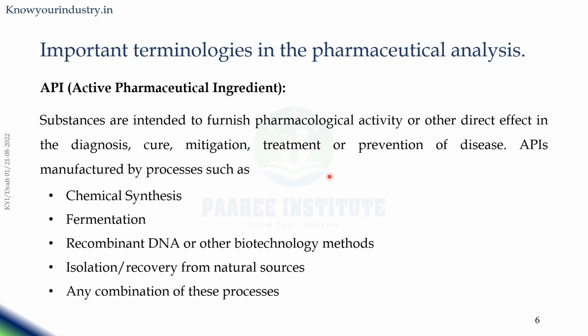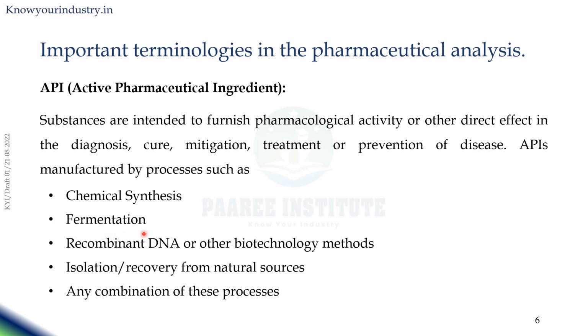These active pharmaceutical ingredients can be manufactured or synthesized by different processes including chemical synthesis, fermentation process, recombinant DNA or other biotechnology methods, or isolation and recovery from natural sources, or any combination of these processes. Chemical synthesis, for example, paracetamol or ibuprofen are synthesized by a chemical process.